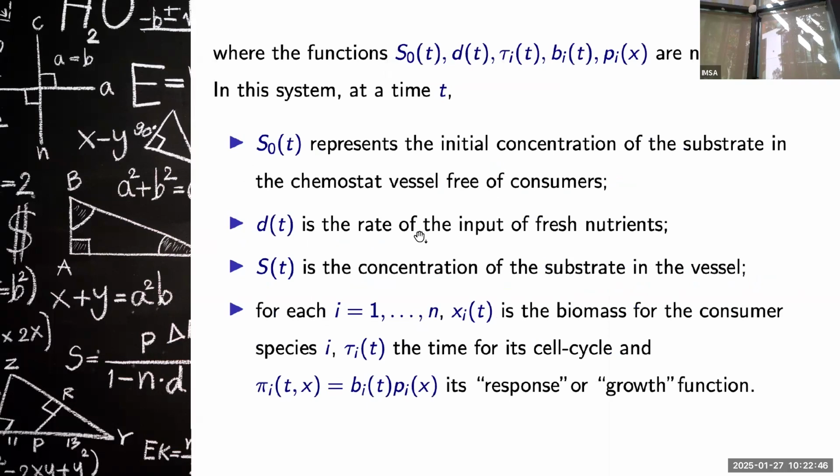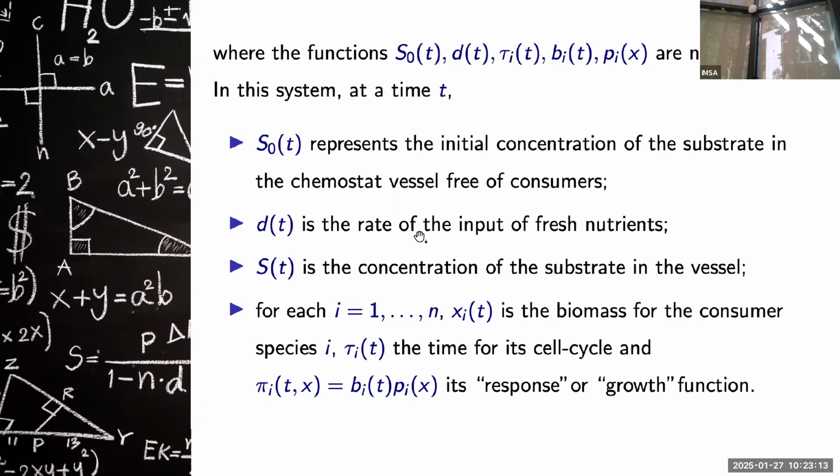Here, I want to explain a little about the variables we are working with. S0 will be the initial concentration of the substrate that we would like to investigate for the microorganism. Then D(t) is the rate of input of nutrients in the environment that we are creating here.